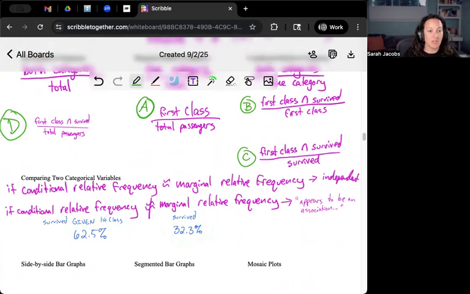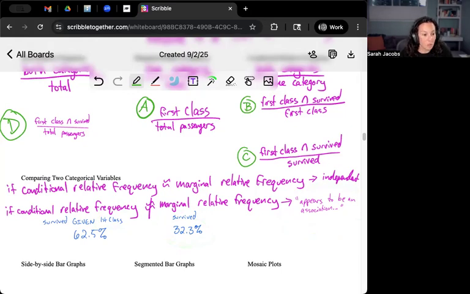So this is almost twice as much as this one. So the chance of surviving, knowing that you're a first class passenger, is basically double the chance of surviving overall. I'd say there appears to be an association between being in first class and surviving the Titanic disaster.